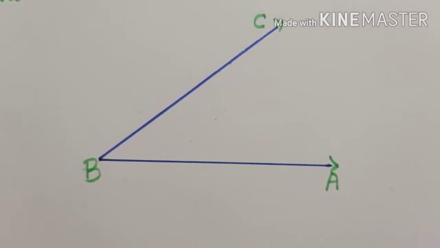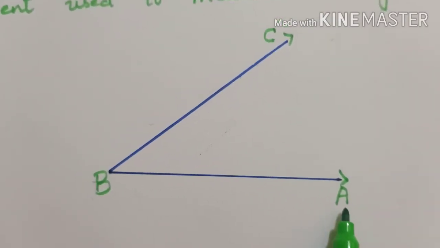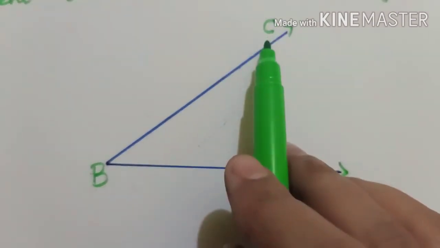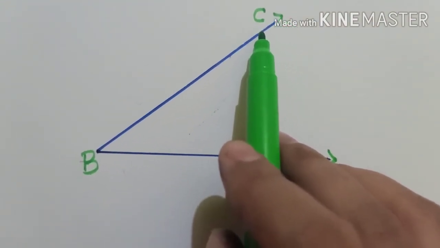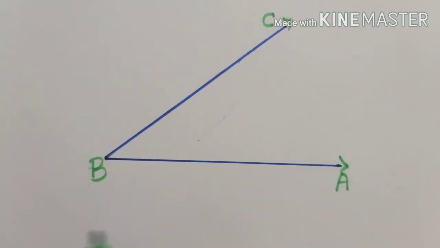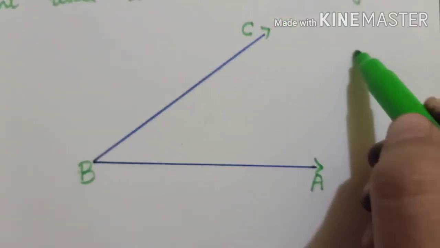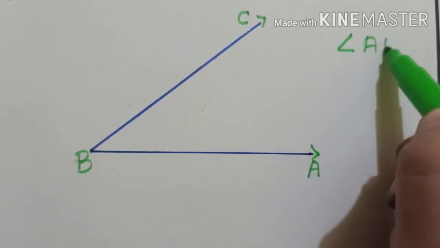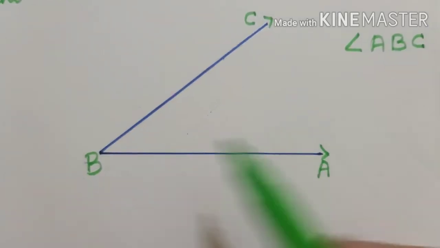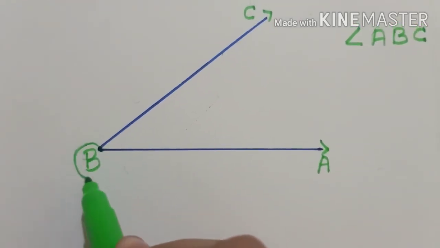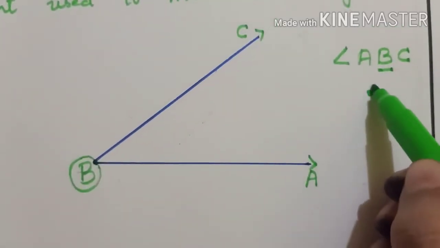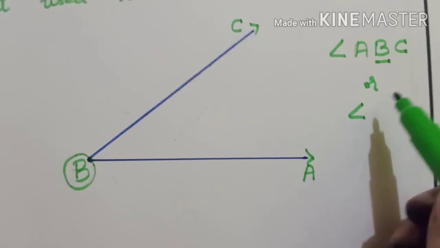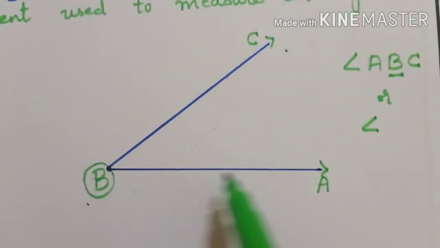Let us consider an angle ABC. In our previous videos, we have already seen how to name an angle. What is the name of this angle? Angle ABC. The initial point should come in the middle, see, B. Or you can also write it as angle CBA.